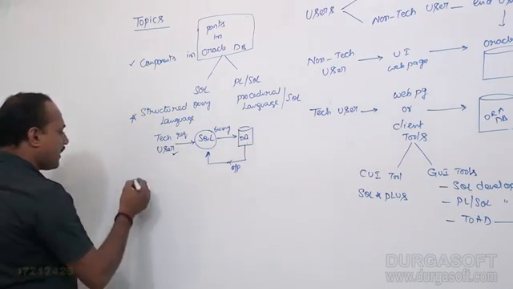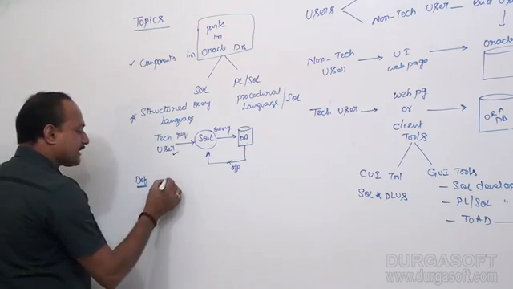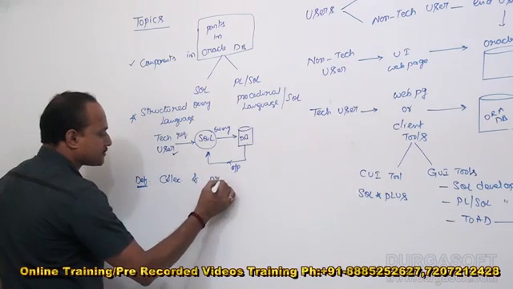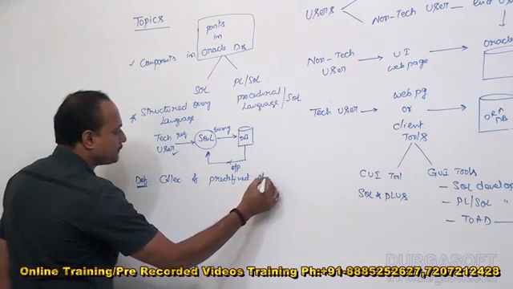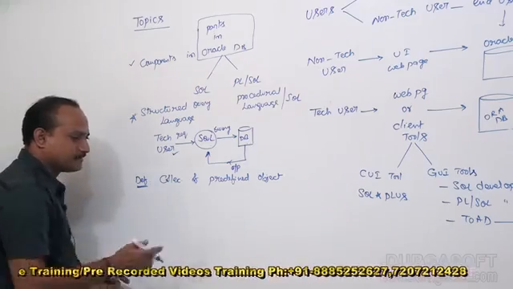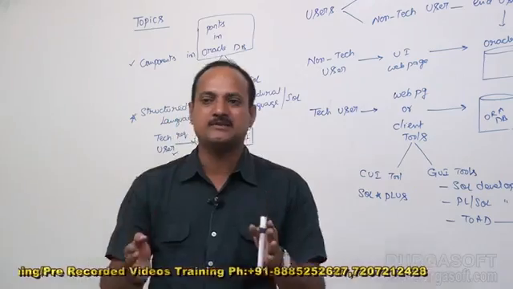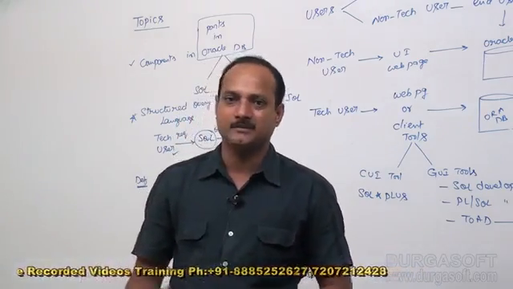Then how can I define SQL? It is a collection of predefined objects. What is meant by predefined object? All objects are predefined. If you want to create a table, it should be created as a two-dimensional table structure.